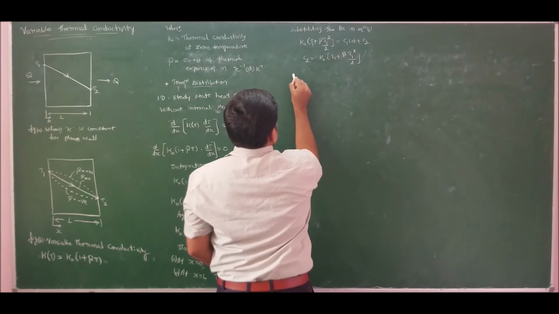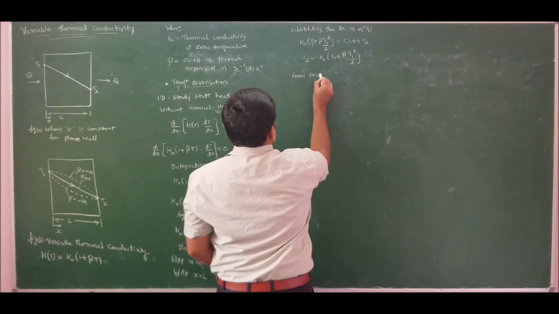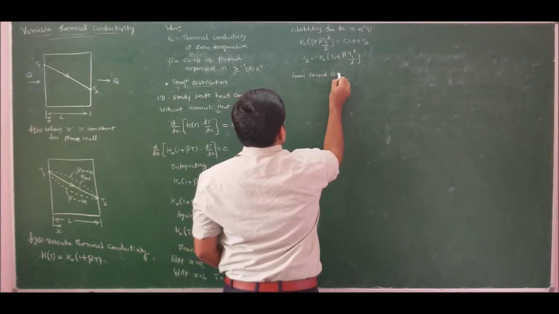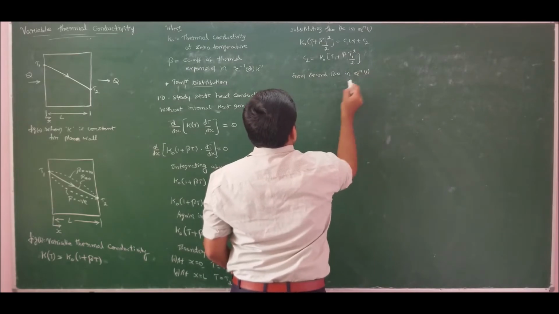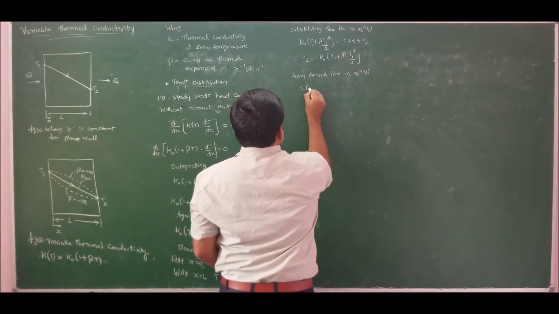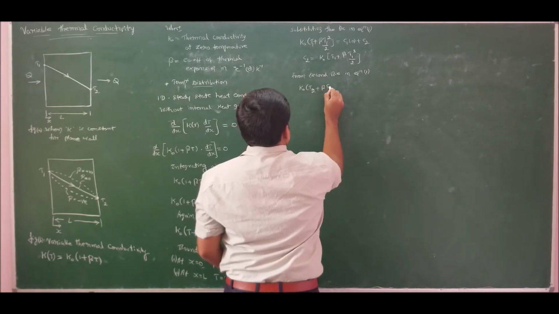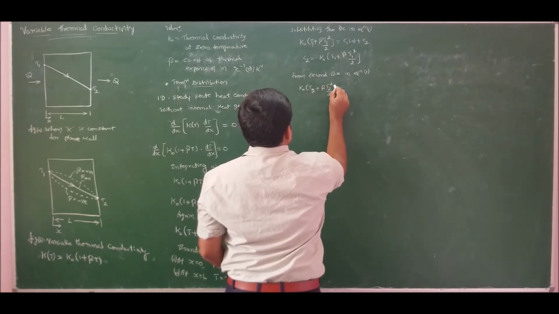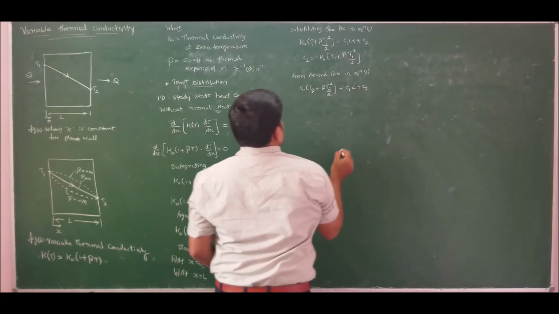Now again from the second boundary condition in equation 1, you will get k naught of t2 plus beta t2 square by 2 is equal to c1 L plus c2.